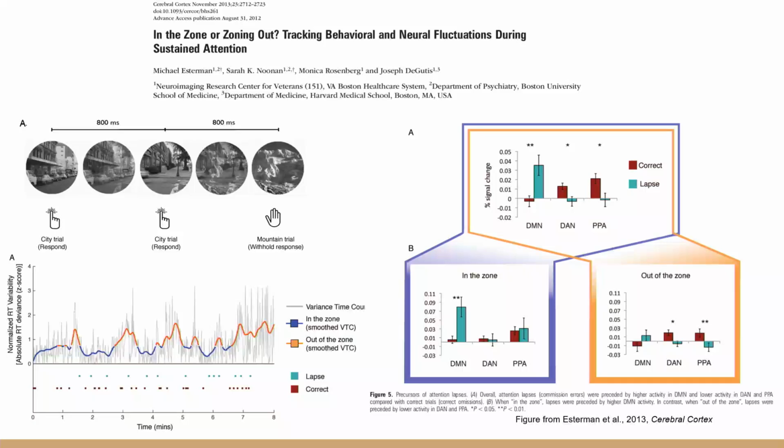But when discriminating between periods of optimal and suboptimal performance, they showed that during optimal performance, errors were preceded mainly by an augmentation in DMN activity, while suboptimal periods were preceded by a decrease in DAN and PPA activity.